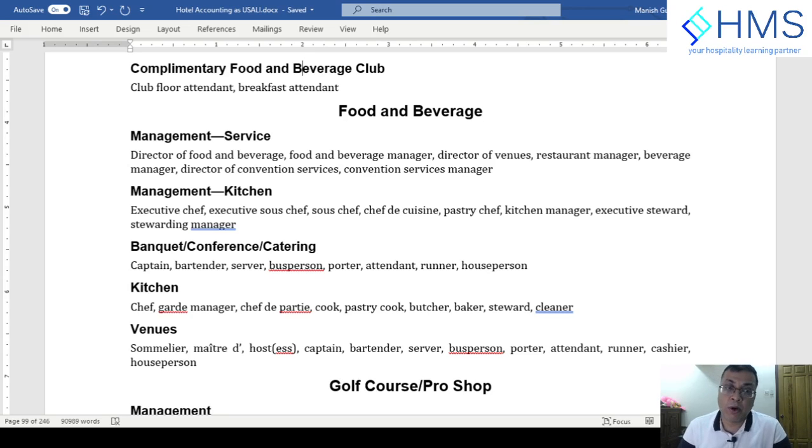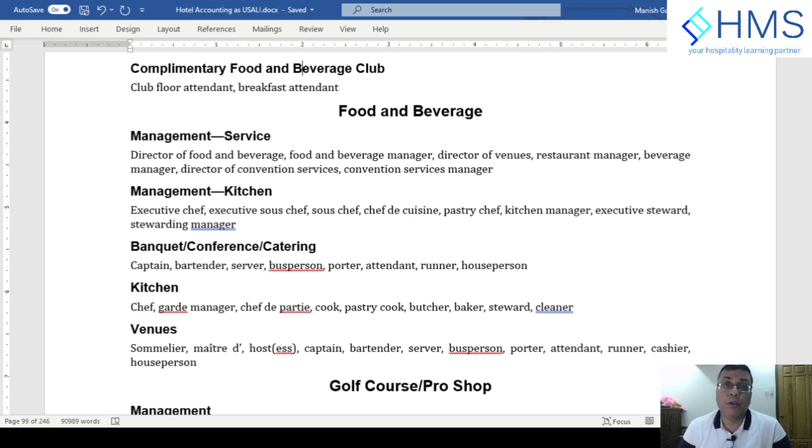So the non-management would normally be service, kitchen, and stewarding. Normally the banquet would also come under the service if the banquet has a separate P&L. For the other departments, banquet would not be considered because there is no banquet staff in the other venues.